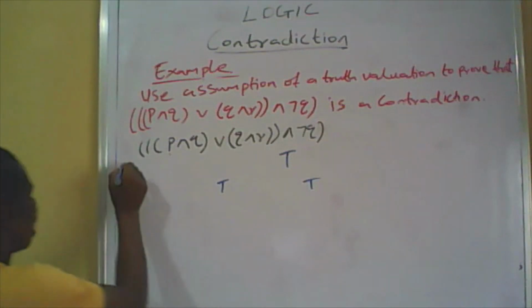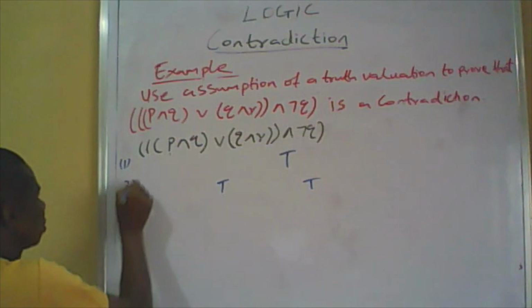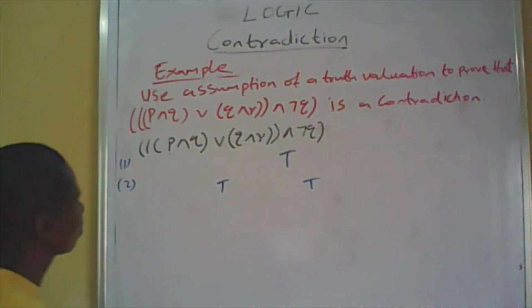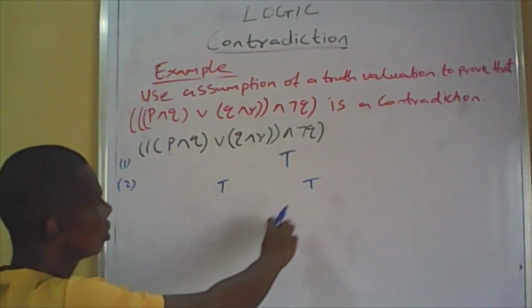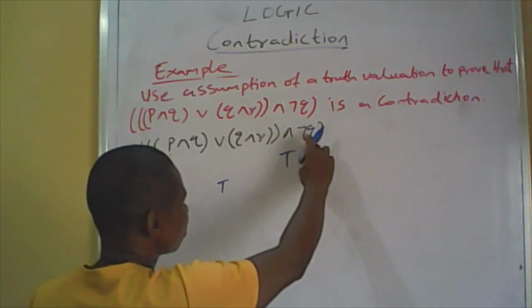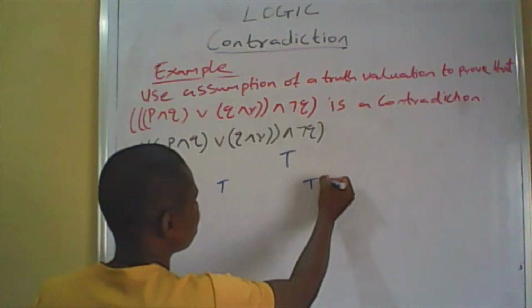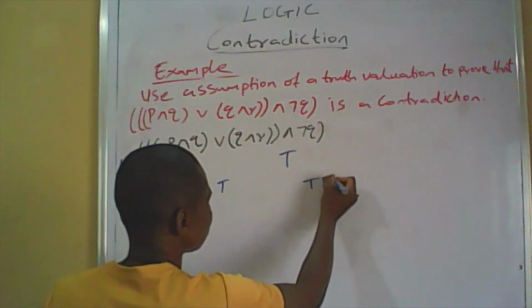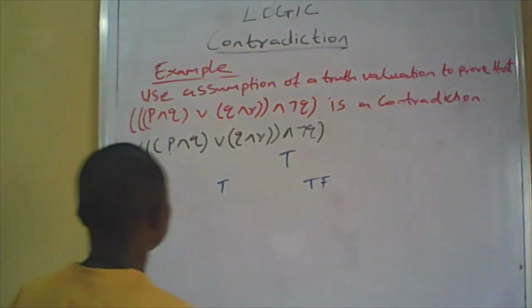You call this one line 1, line 2. Now, if this one is true, it means that Q is false. If not Q is true, it means that Q is false.